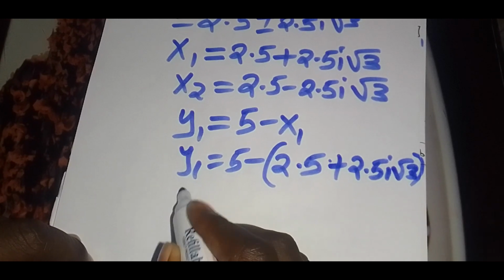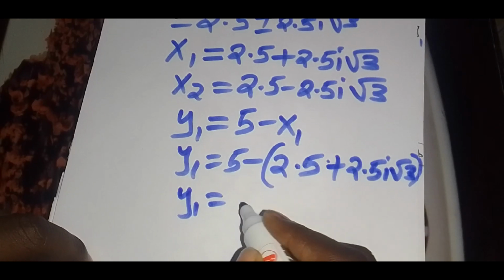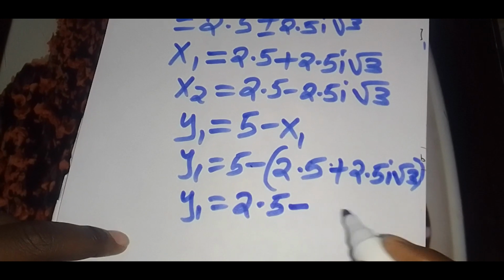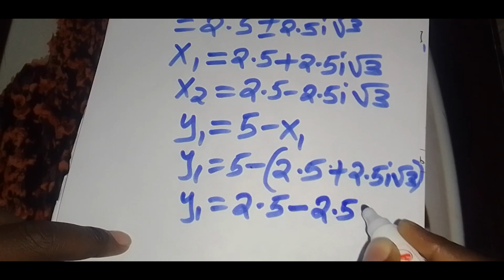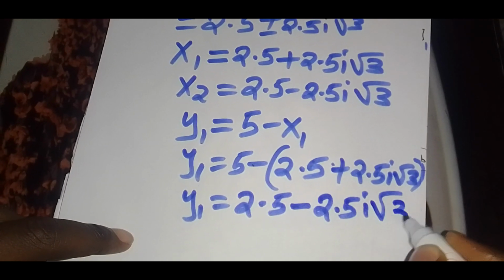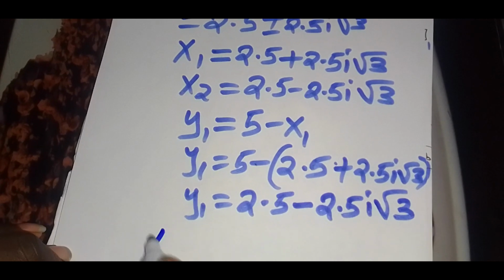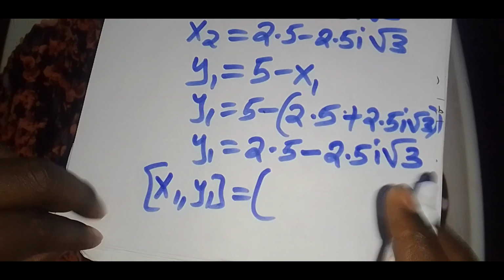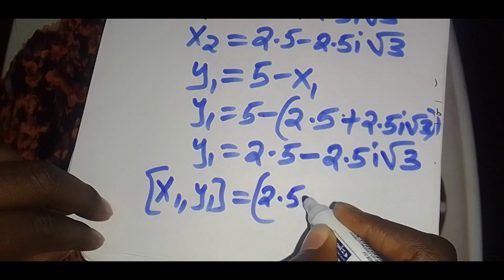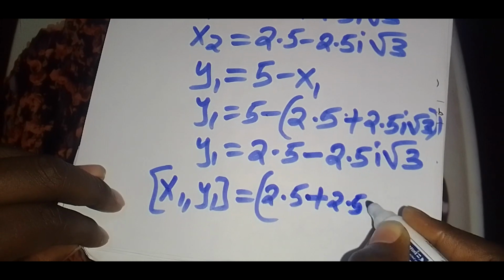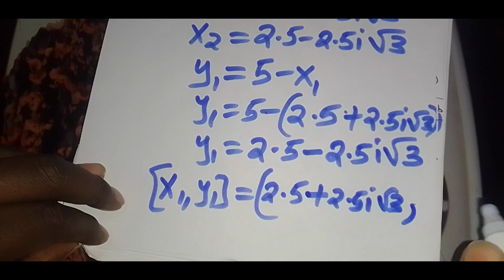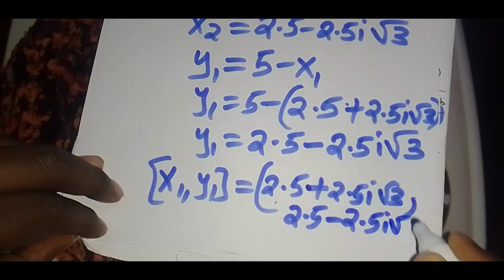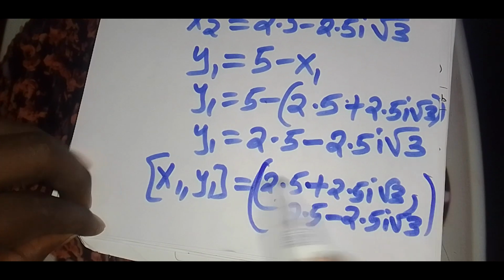So 5 minus 2.5 is 2.5, and minus times positive is negative 2.5i square root of 3. That's y1. So x1, y1 is given as 2.5 plus 2.5i square root of 3, comma, 2.5 minus 2.5i square root of 3.